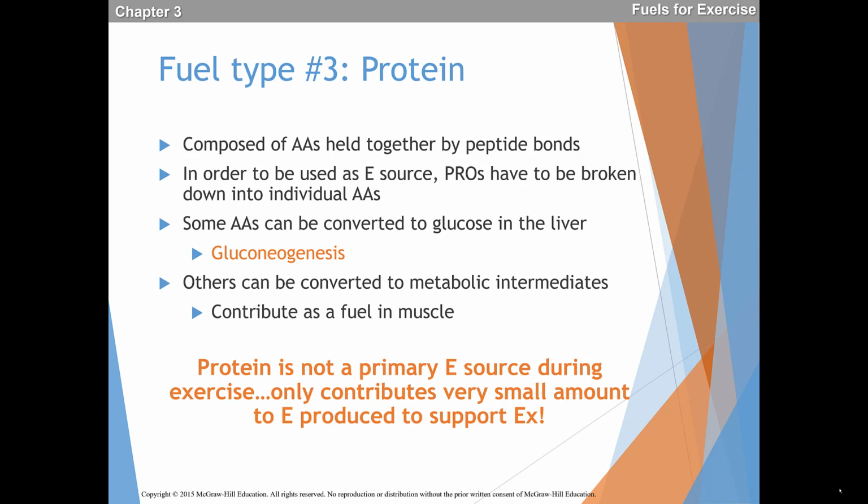The contribution of proteins to ATP does increase as exercise duration goes on. If you exercise for very, very long periods of time, you will see a little bit more protein being used for ATP production. But even at the end of very prolonged exercise, you're only getting about 5 to 10% of your overall ATP from proteins. So we mentioned proteins here, but in the grand scheme of things, it's not a huge player in ATP production.